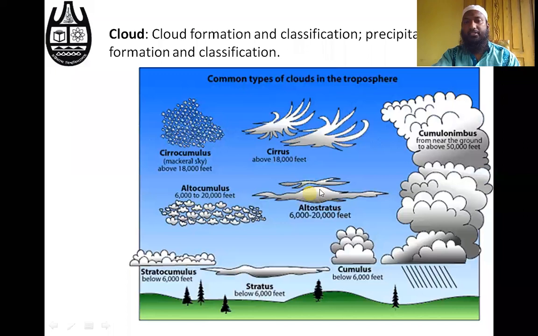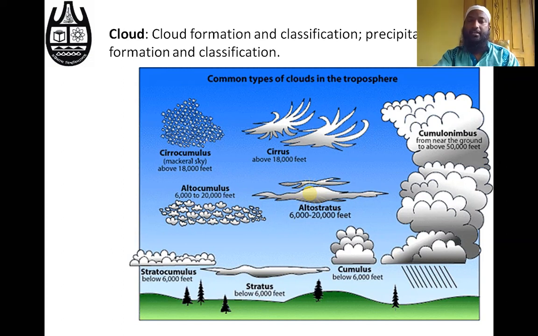In the later part of this chapter, we're going to also discuss the different types of precipitation. Normally, we say precipitation is a term related to the water formation in the atmosphere that will come to the Earth's surface. But precipitation has different types of classification. If it is droplets, we say rainfall.